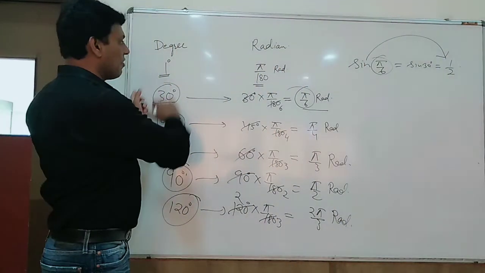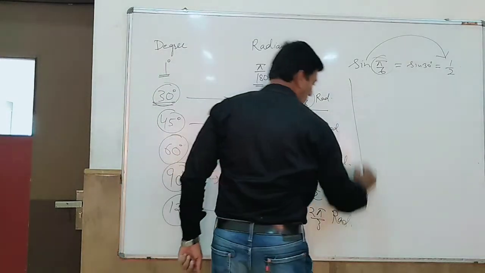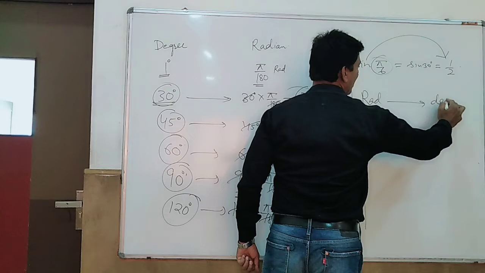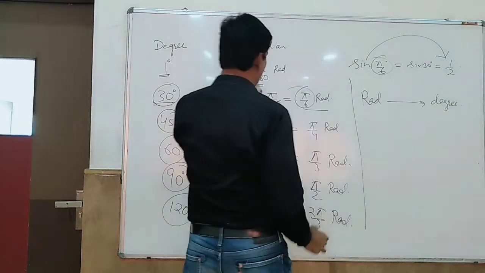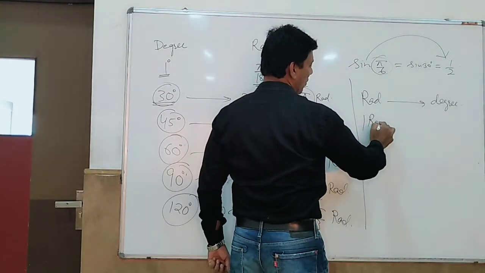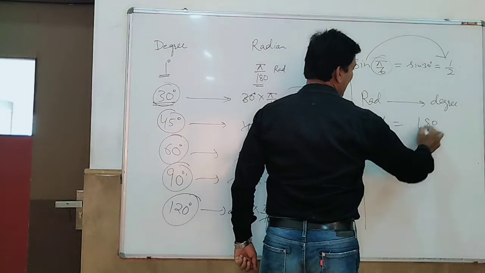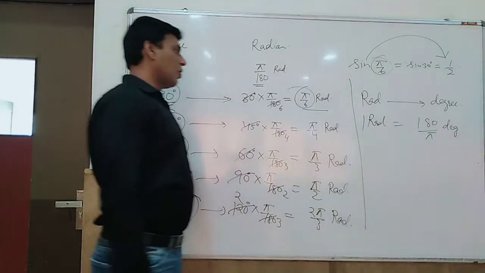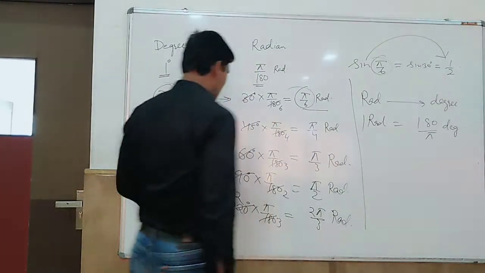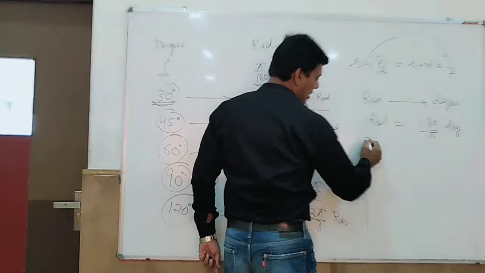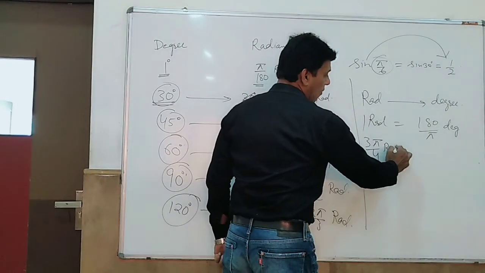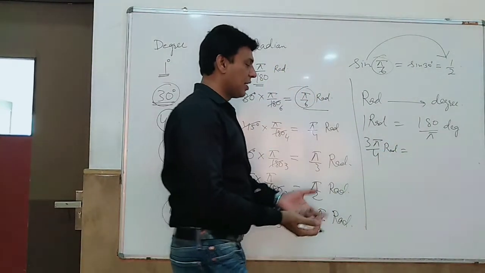Vice versa also, what will be the formula for radian to degree? Obviously the reciprocal of this. So 1 radian will be 180 upon pi degree. Suppose I have an angle 3 pi by 4 radian and I want to convert it into degree.